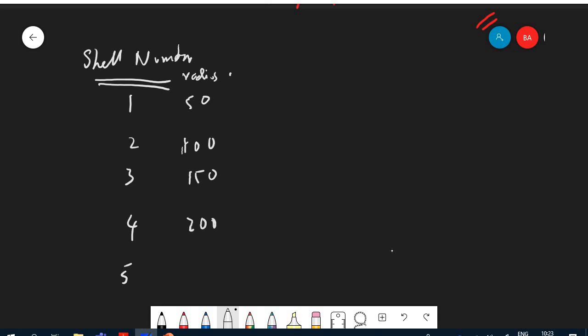150, 200, 250. So we can put radiuses, and based on the radius, of course, we can calculate the area, and based on the area we can calculate the population density, and we know the number of people sitting in that radius area, right?